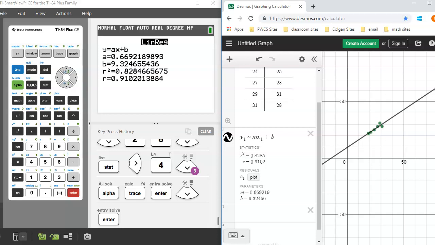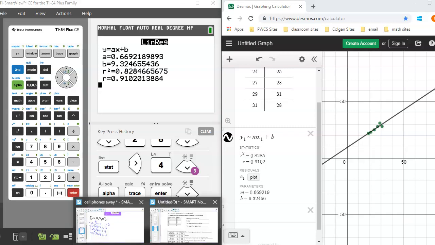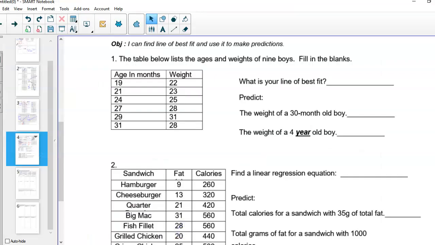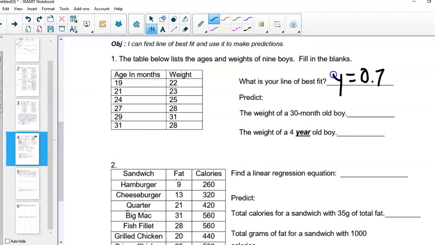I'm going to use 1 decimal after the actual thing. So y equals 0.7x plus 9.3. If you use 2 decimals, that's fine. If you use all of them, that's fine. Use at least 1.